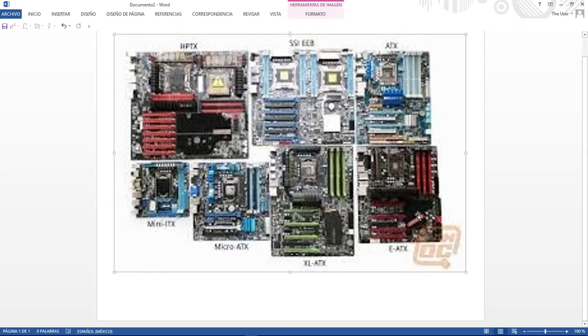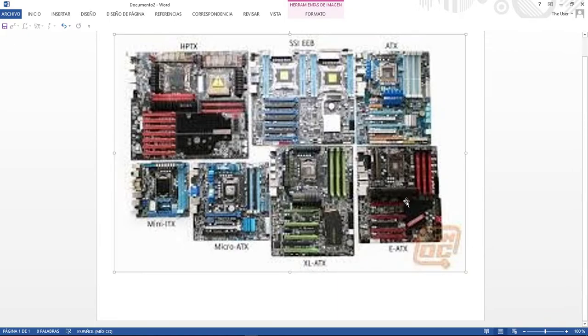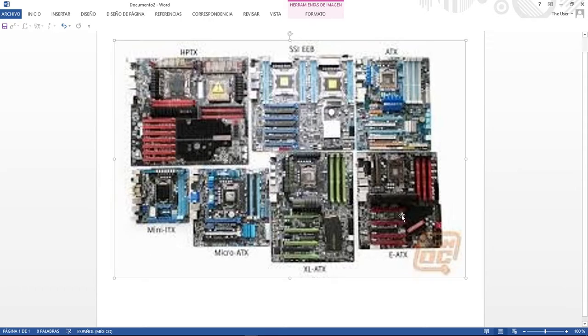Now let's go to EATX. So this is mostly for enthusiasts and overclockers. You can see it's about the same length as ATX, but it is a bit wider. Most high-end boards, like top-of-the-line boards, of course, we're not talking about any server thing, but enthusiast overclocking boards, are often EATX.